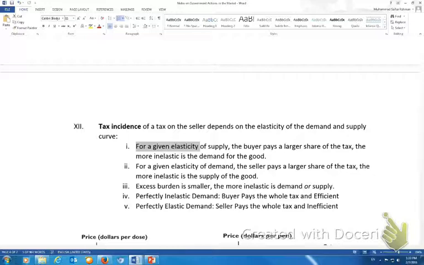If the supply curve is more inelastic, the seller pays a larger share of the tax burden. And the excess burden or the deadweight loss size really depends on what kind of elasticity of demand we are looking at here. So let's look at them in more graphical manner.